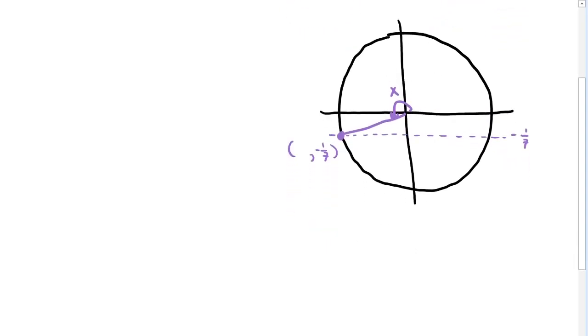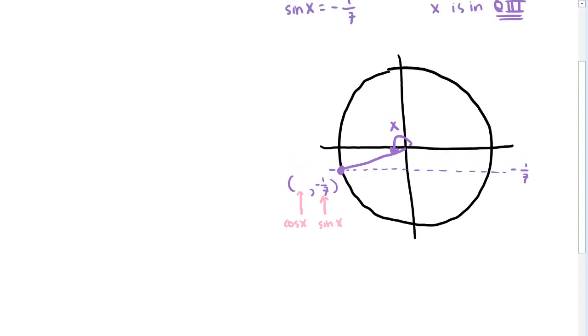Well, we know that the sum of the squares of these two coordinates should equal 1. This second coordinate, that was sine of x. This first coordinate, that's cosine of x when we're talking about the unit circle. And so we're trying to figure out cosine of x here to really flesh out this picture.